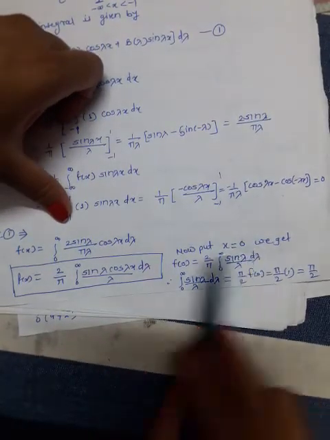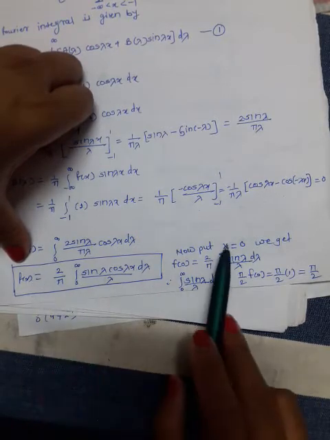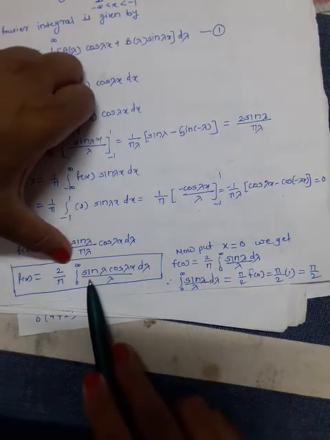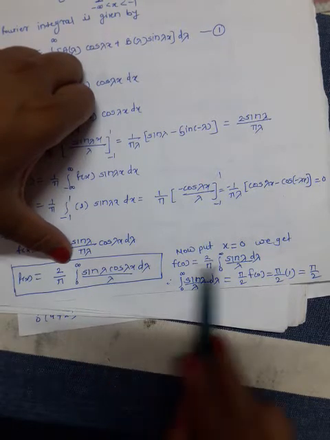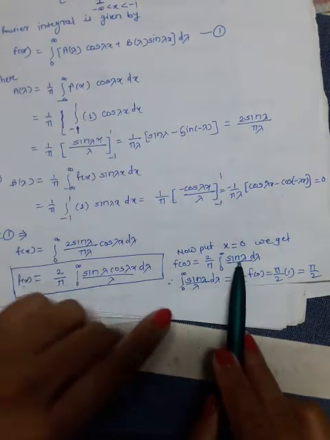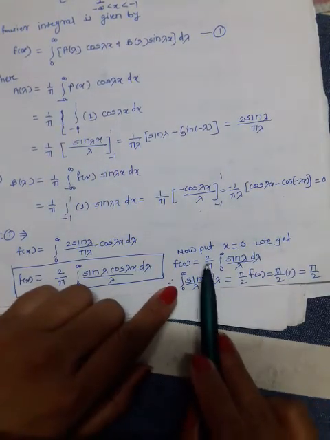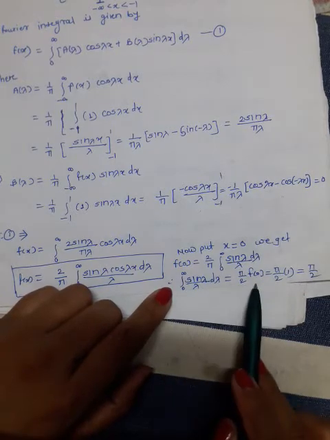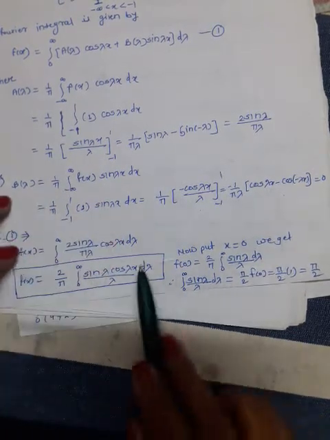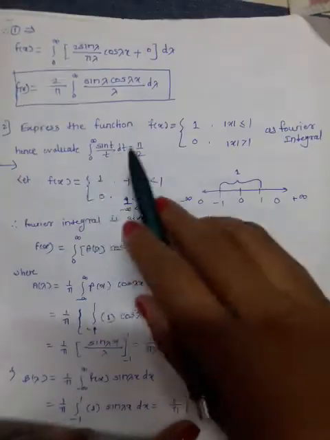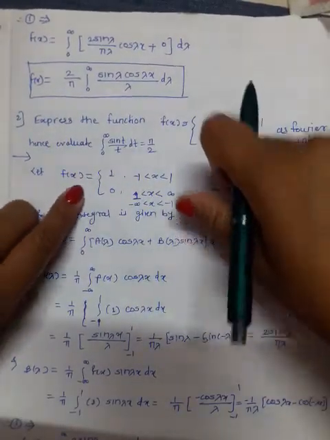What we get? f of 0 on both sides. Obviously f of 0 is equal to 2 upon pi integration 0 to infinity sin lambda upon lambda as it is, cos 0 is 1, d lambda as it is. Now we want this integration, so take pi by 2 to that side, we get pi by 2 f of 0. How to calculate f of 0? By putting x is equal to 0 in the function.